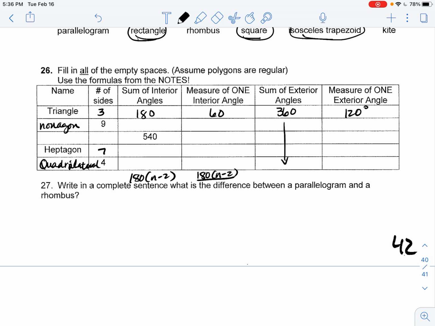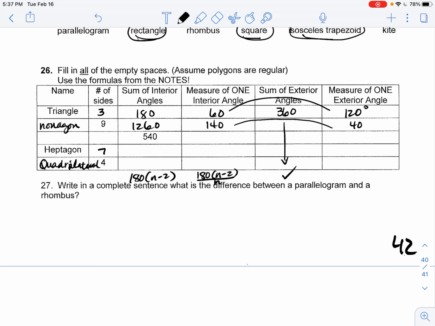The measure of one angle is 180(n minus 2) divided by n. We already know all of those. And we just have to find the measure of one exterior angle. So use these formulas, fill in the chart. Just for time's sake, I'm going to give you the answers. So this is going to be 1260, 140, and 40.